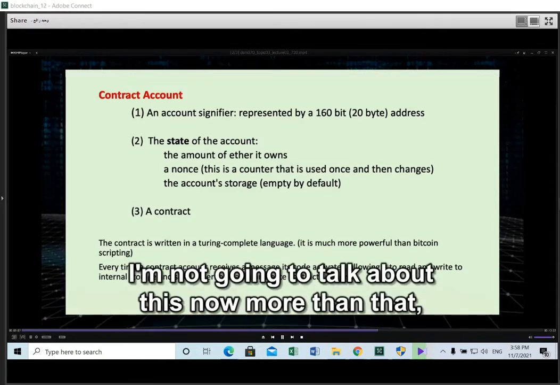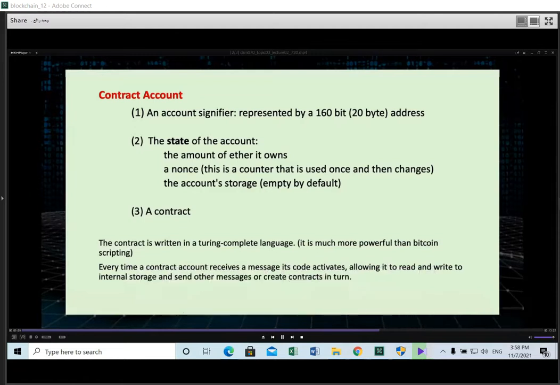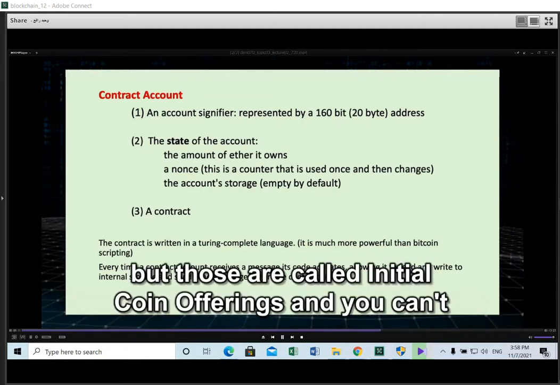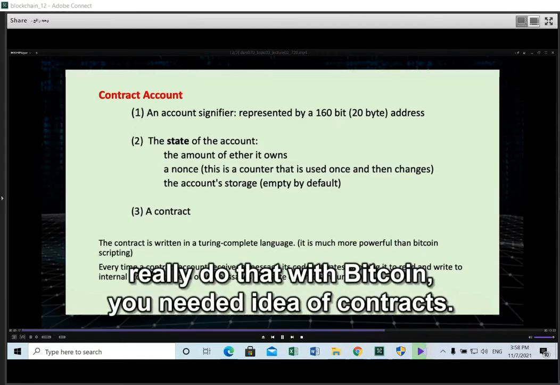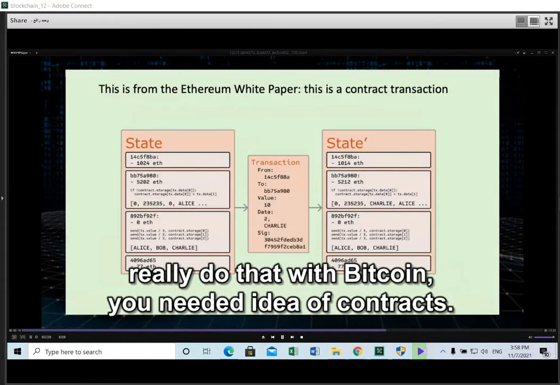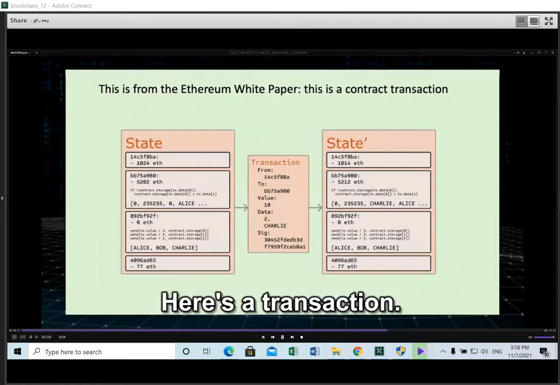I'm not going to talk about this now, but those are called initial coin offerings, and you couldn't really do that with Bitcoin. You needed the idea of contracts.